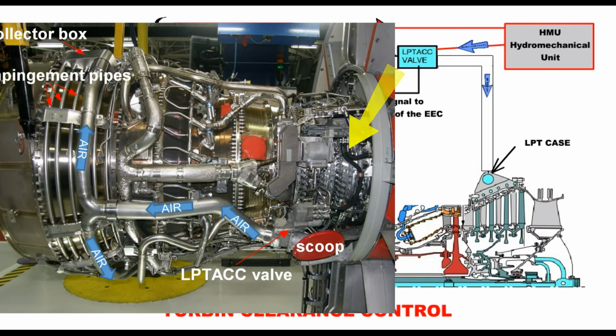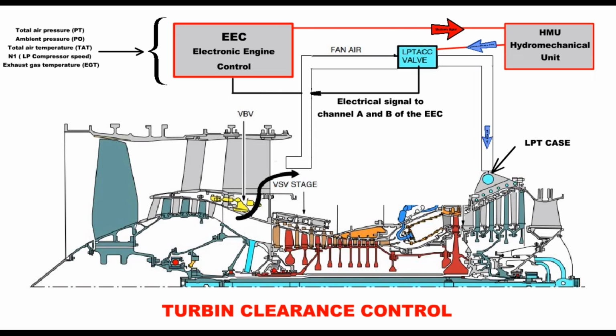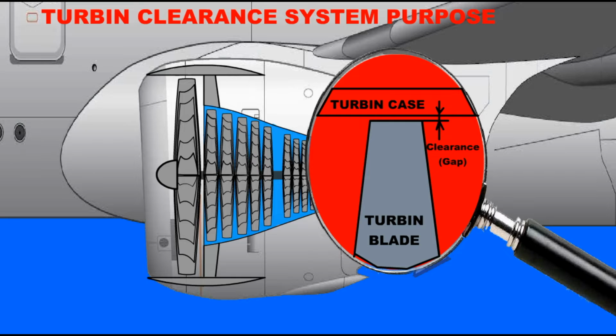The system valve is mounted in the lower right part of the low-pressure compressor case. The system controls the amount of fan discharge air going to the low-pressure turbine case through a valve. In this way, the clearance between the low-pressure turbine blade tip and the case is controlled.